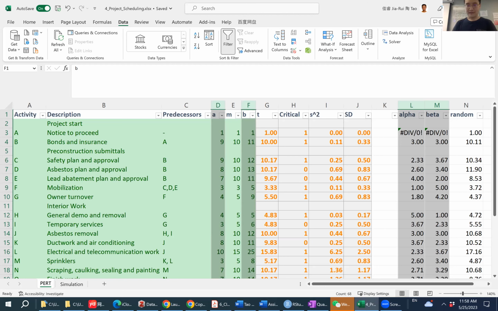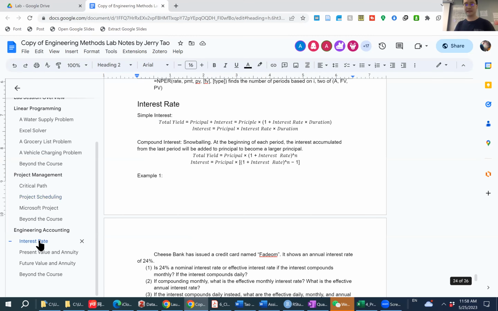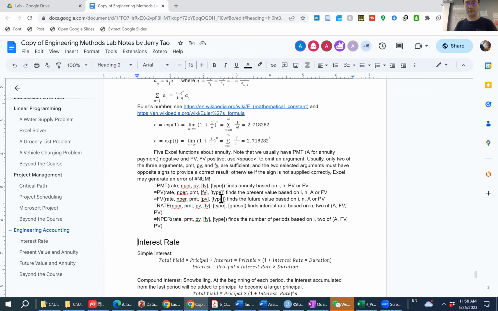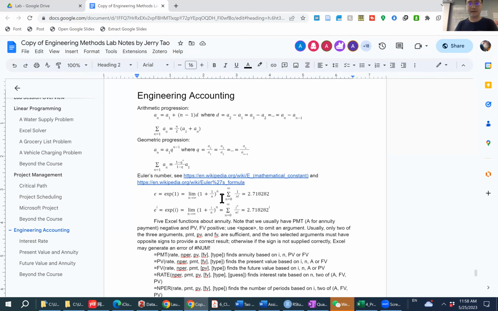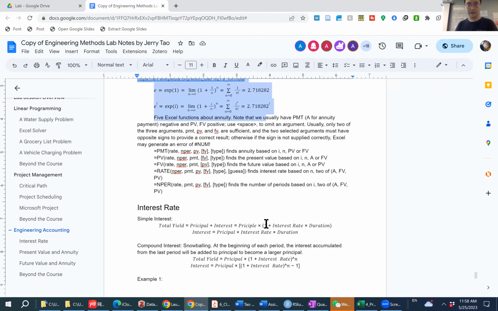All right, now let's move on to the next step, which is engineering accounting. Please go to our shared lab notes where you can find some useful formulas. We also need to start working on interest rate problems.